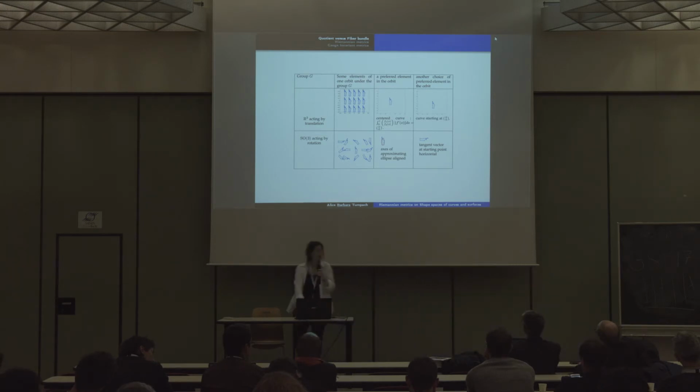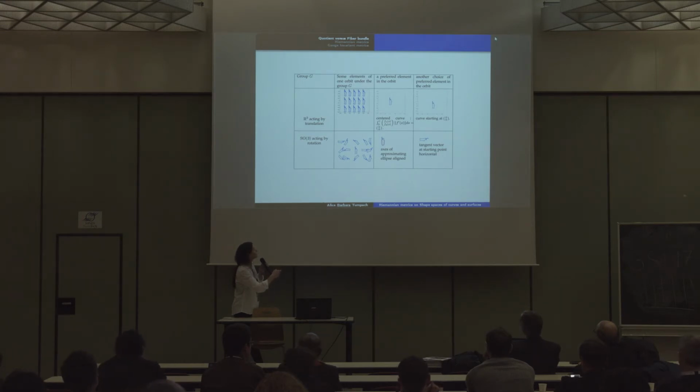So here are examples of sections. This means that you single out a preferred element in the orbit. For instance, the centered curve that you have in this orbit, or the curve that is starting at one point, the origin. These are sections of your fiber bundle.